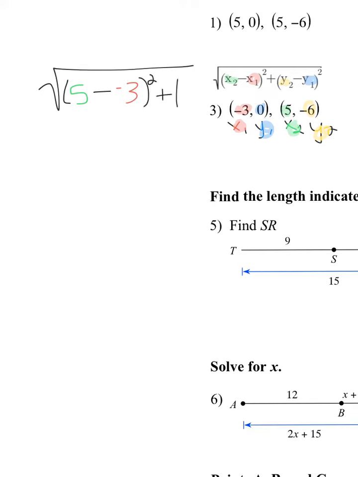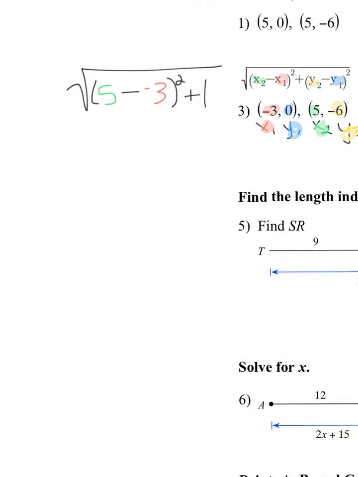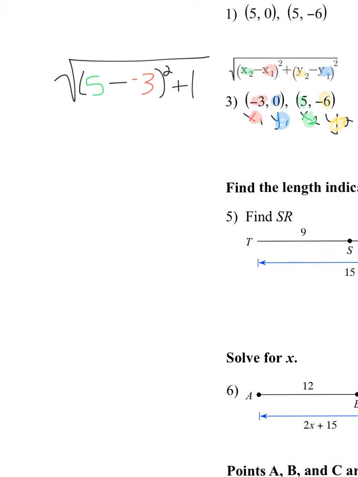And then I'm going to add my y2, which is negative 6, and I'm going to subtract my y1, which is 0, and square that. Gosh, guys, that's just horrible looking. I'm so sorry.